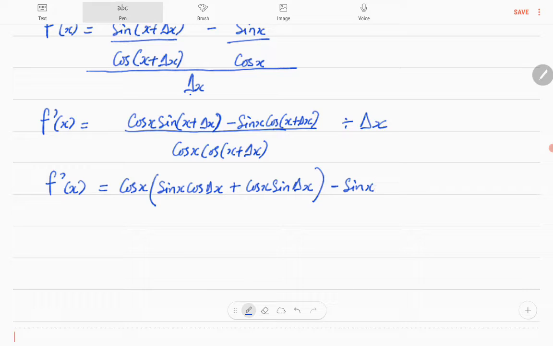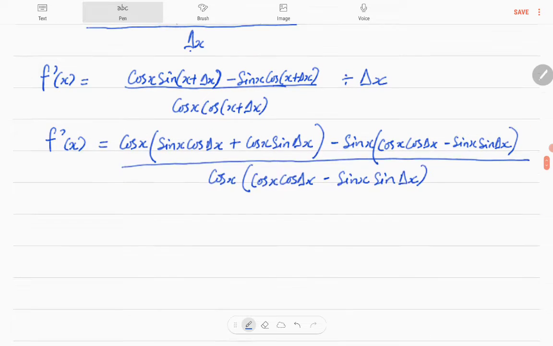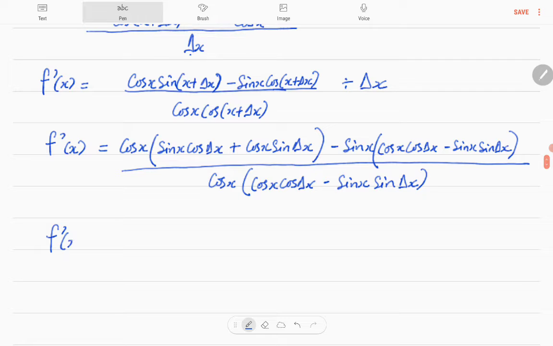So we'll have in brackets again cos x cos dx minus sin x sin dx, so divided by cos x in brackets again cos x cos dx minus sin x sin dx.